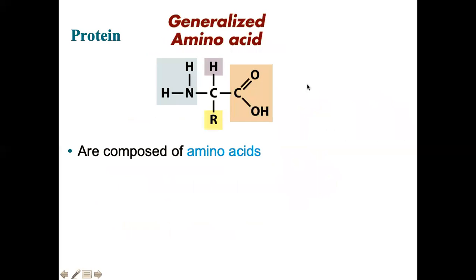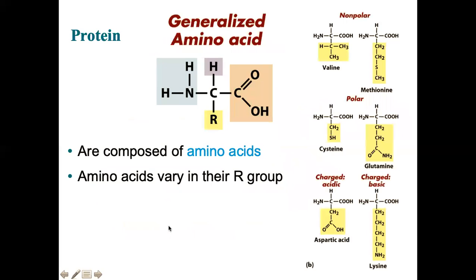So let's break it all the way back down again, right? Proteins are made out of amino acids. Amino acids always have this base group. And they're going to have one R group, or variable group, or I forgot what the book calls it already, side group or something.